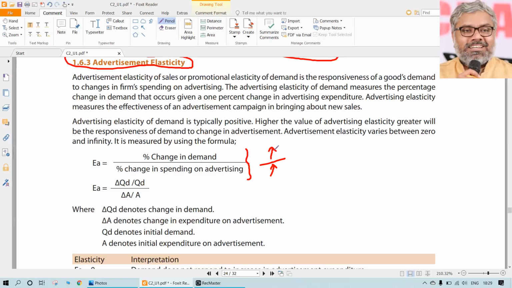If the percentage change in demand is more than the percentage change in advertising, let us say somebody just increased an advertisement expenditure by 2%, whereas the demand has increased by 10%. Imagine, just like that, if at all for any particular commodity it happened like that, that means there is a huge advertisement elasticity for that particular type of product.